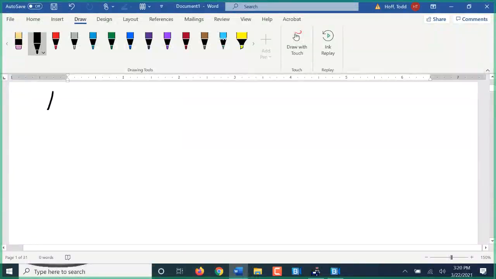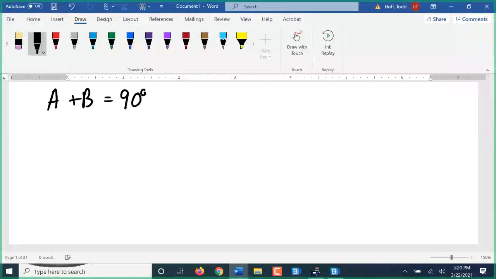What if I tell you that A plus B equals 90 degrees? What is that telling me about those angles? Complementary. They're complementary. Very good. If I tell you the sine of angle A is 0.8 and the cosine of angle A is 0.6, these are just the same numbers as in that last example.